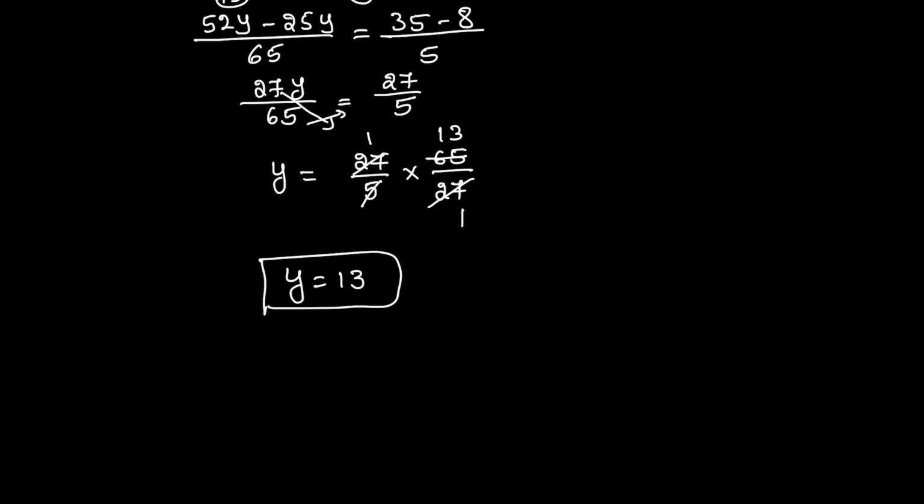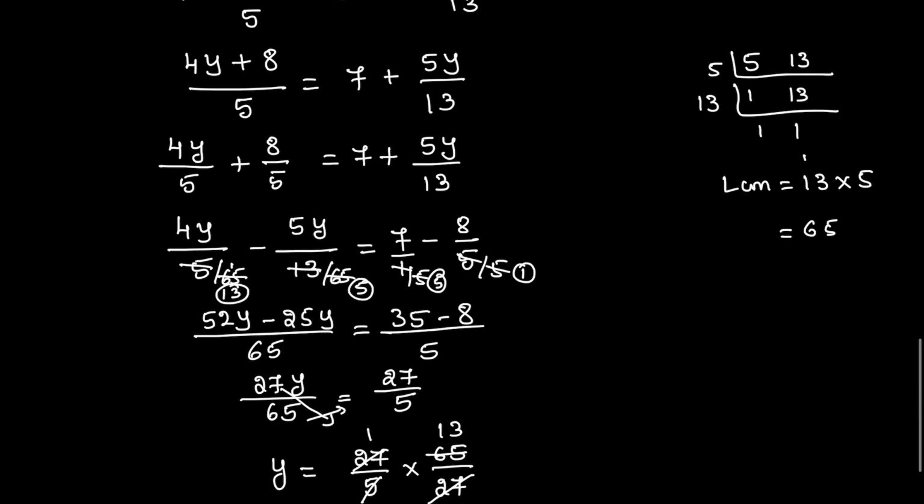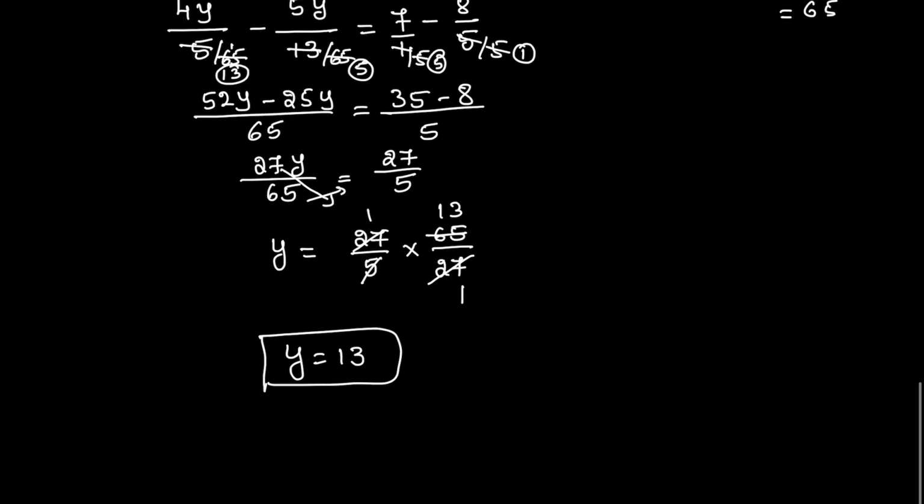This is how we have to solve linear equations when they come with fractions or any binomial with monomial terms. We need to simplify first. I hope it is clear.